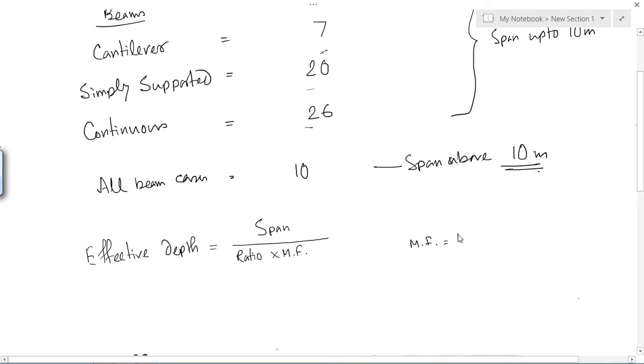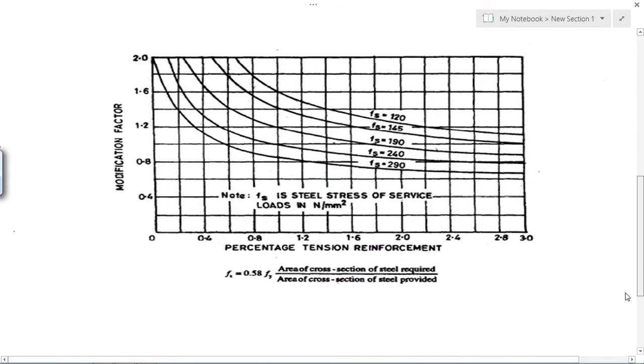MF means modification factor. Okay. Now the value of MF comes from this graph.